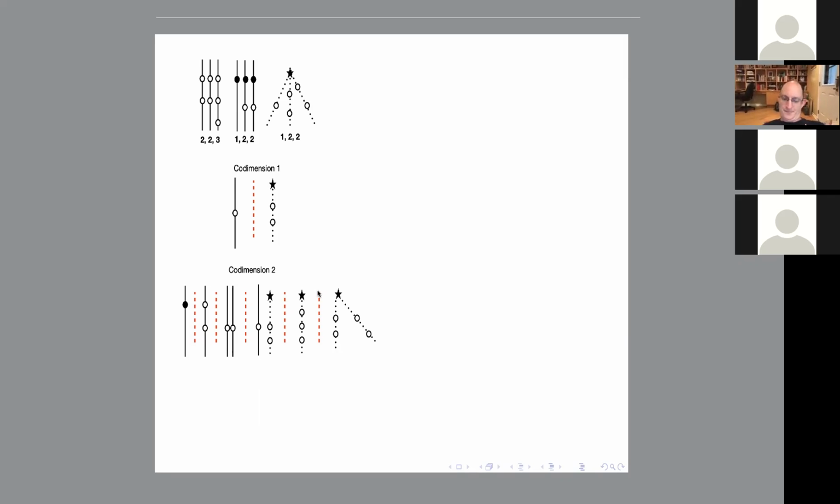Did you explain what is the codimension of a partition? Sure, I can tell you what the codimension is. You can compute it, that's not hard, right? So constraining a point to a line is a codimension 1 condition. So the sum of these things is the codimension in this case.